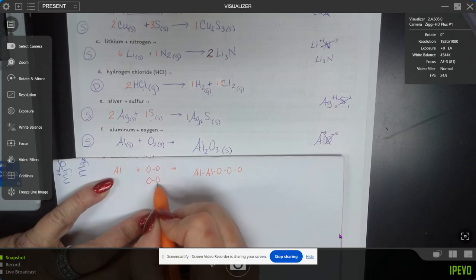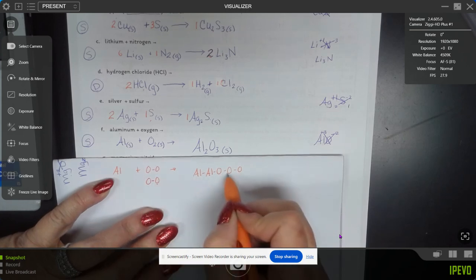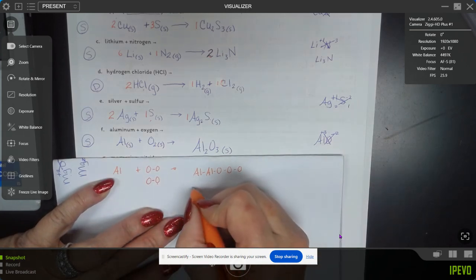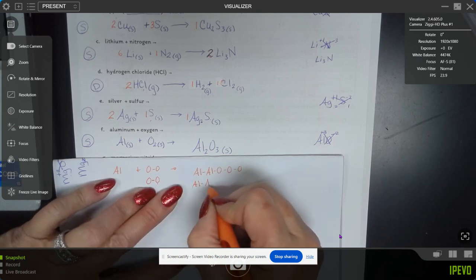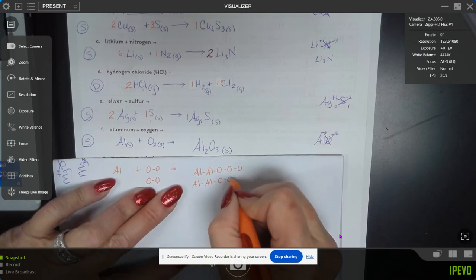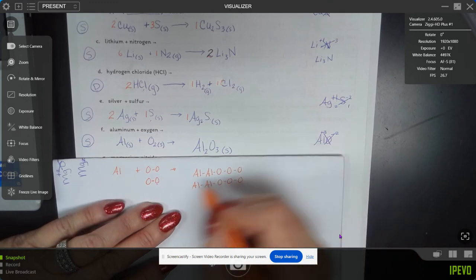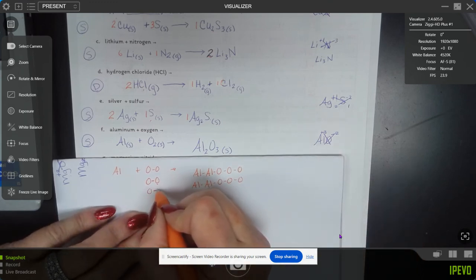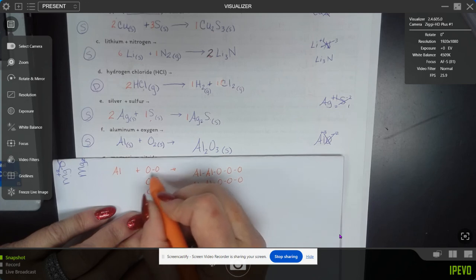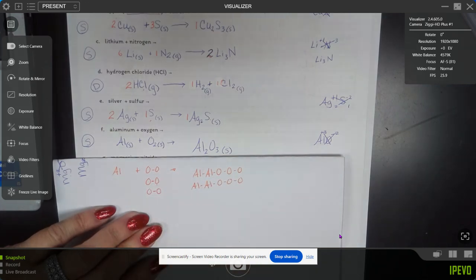So I'm going to add one of these. Now I have 4 on this side, 3 on this side. So I need another one of these. Al, O, O, O. Now I have 1, 2, 3, 4, 5, 6. If I draw one more of these, I've got 6 oxygen on each side.